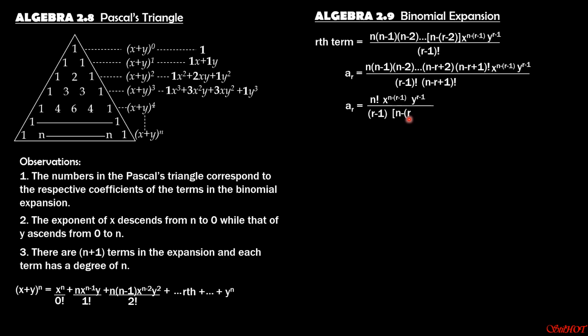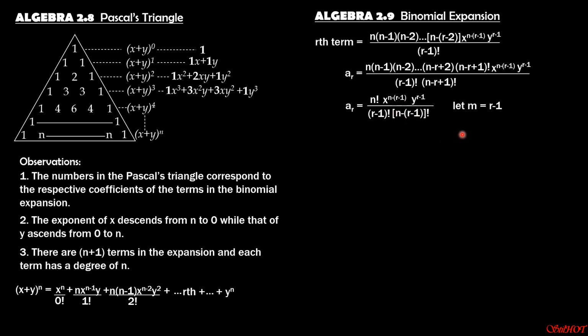Now letting a new symbol m be r minus 1, then this becomes n factorial, x to the n minus m, y to the m, over m factorial, then n minus m factorial.